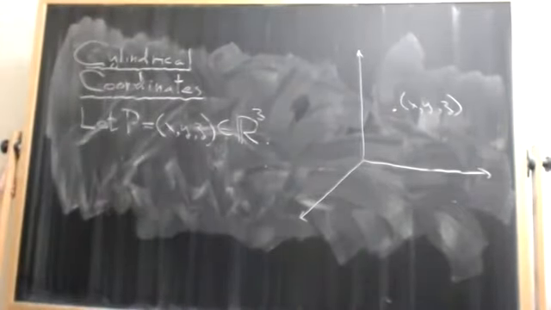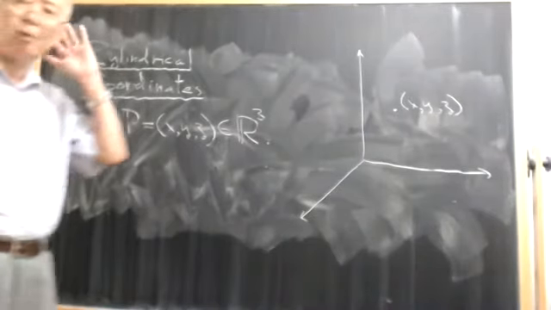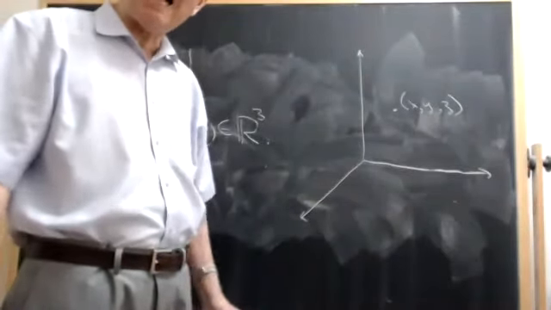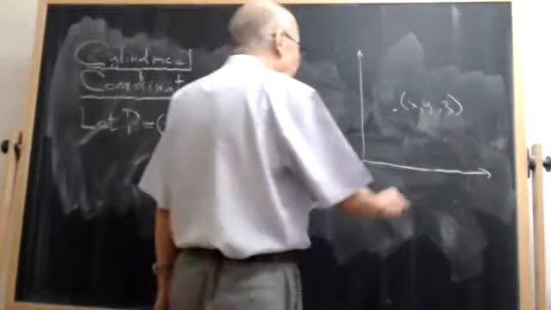So every point can be specified by three numbers. But these are not the only three numbers.